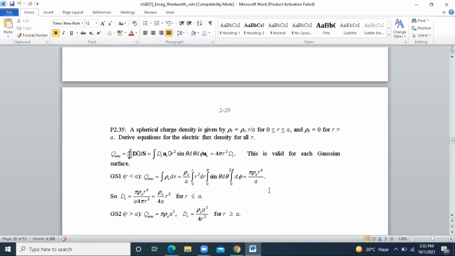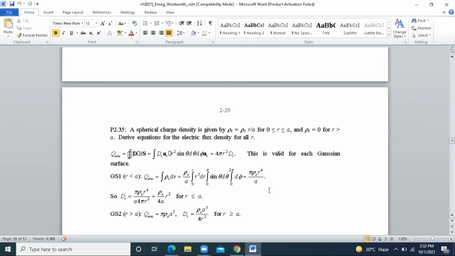Then it is given that the enclosed charge is equal to 4 pi r squared D_r for a Gaussian surface. So in order to get D_r, you would solve for it by transposing 4 pi r squared to divide the enclosed charge.